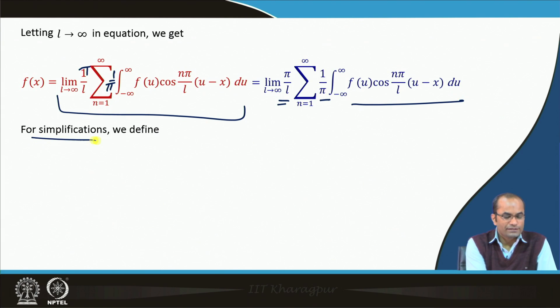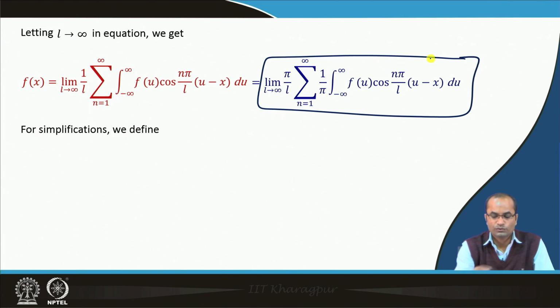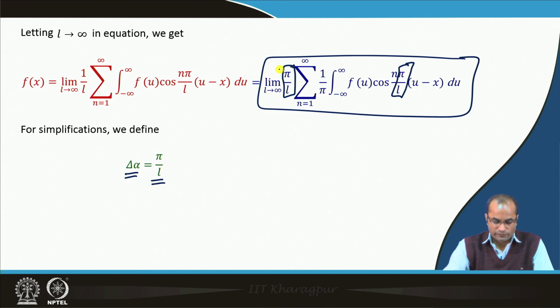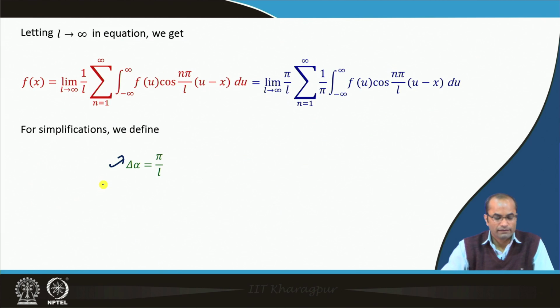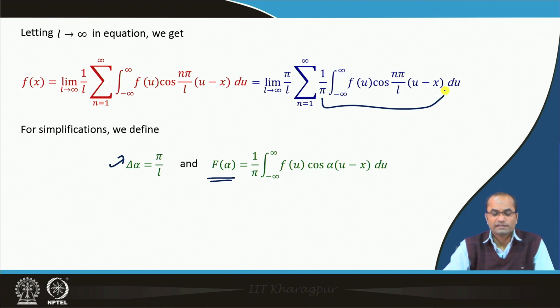So, for simplification, by introducing some notations we can simplify this term. The delta alpha we denote by pi over L. So, for instance, this pi over L is sitting here and also this pi over L is sitting there. So, we can introduce this pi over L as a new number delta alpha, and the f of alpha, the big F, we can introduce, so that we can also simplify this integrand there.